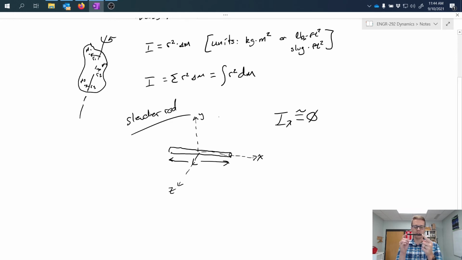There is no difference because the rod is rotationally symmetric, and therefore rotation about these axes is the same as long as that symmetry is true. So in this case, then we can write Iy is equal to Iz, and the equation for this then is 1/12 ml squared.